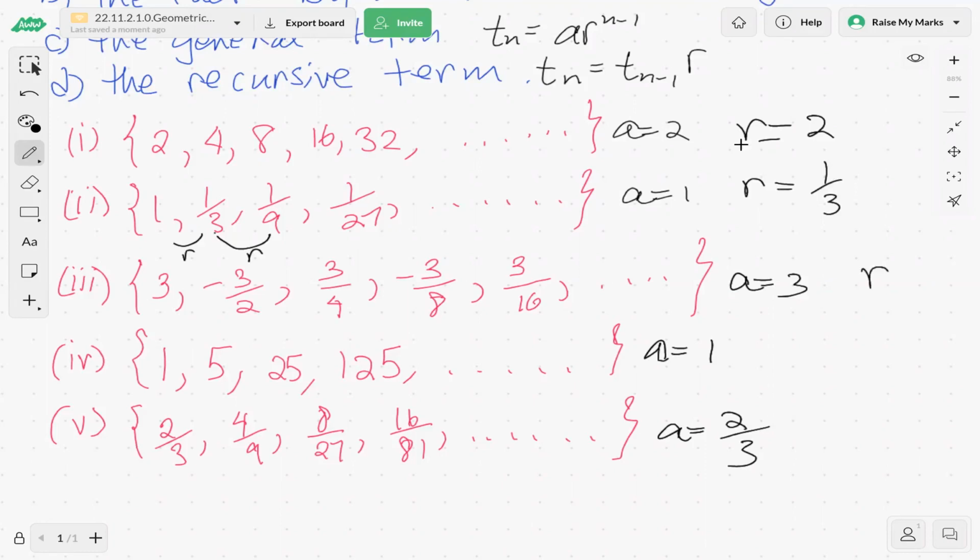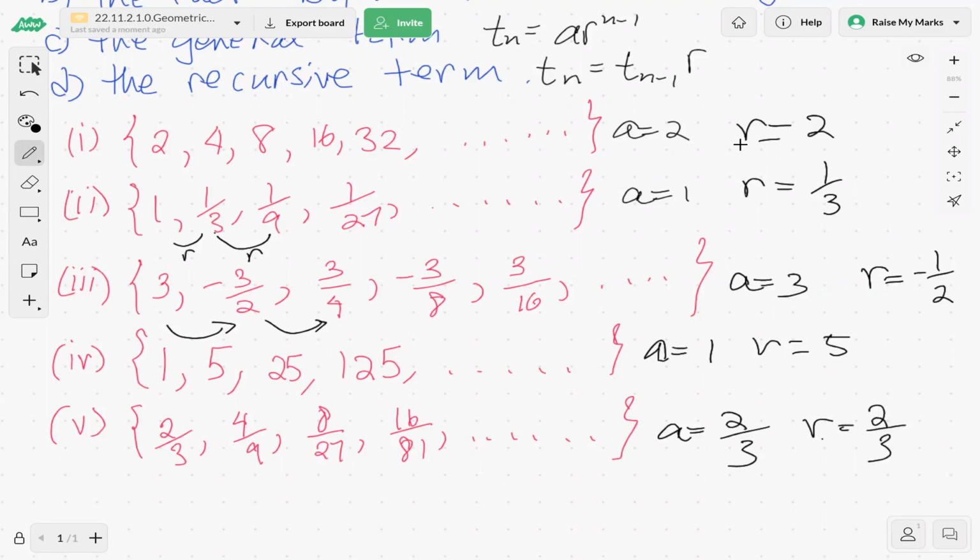In sequence 3, looks like we're multiplying by -1/2. Sequence 4, we're multiplying by 5. And finally, in sequence 5, what are we multiplying by? It looks like we're multiplying by 2/3.